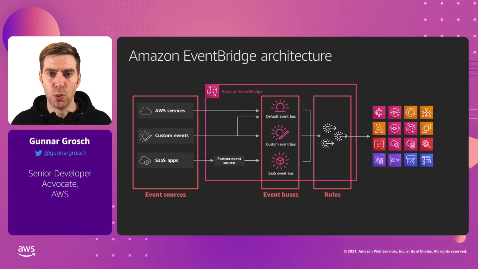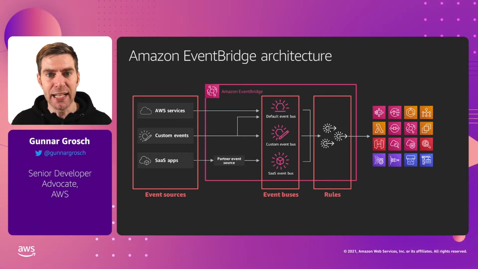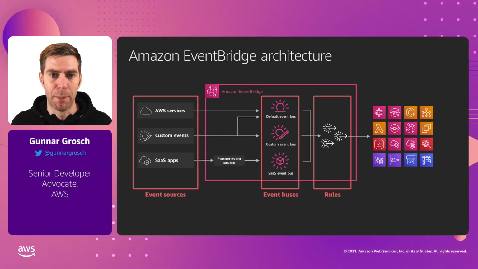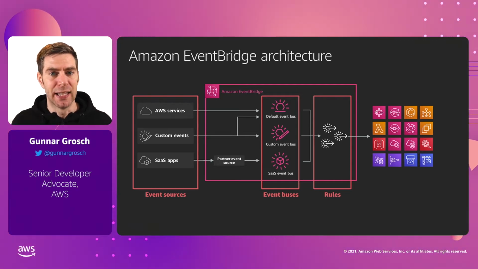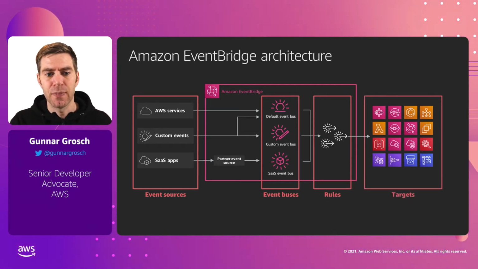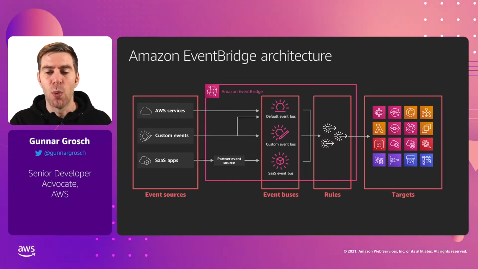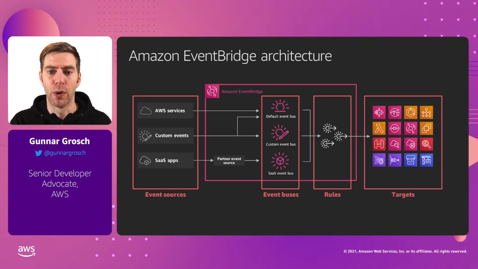Next, we have rules, and rules match the incoming events and route them to targets for processing. A single rule can route to multiple different targets, all of which are then processed in parallel. Rules aren't processed in any particular order. And next, we have the targets, and a target is a resource or an endpoint that Eventbridge then sends an event to when the event matches the filter pattern that we set up for our rule.